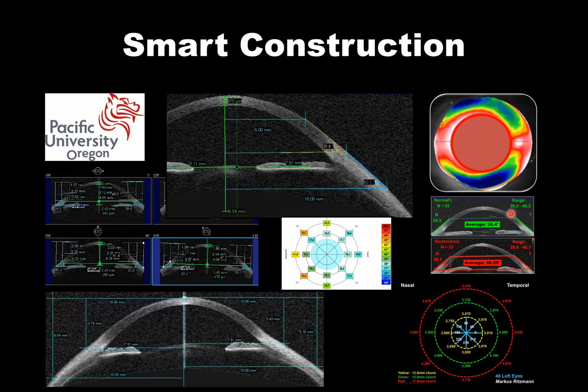Now, the construction of the lens was based on volumes of research that we've done at Pacific University, and taking into account research that's been done in other corners of the planet, and that's all gone into the building of this lens to make it as forgiving as possible. So you should very often find that the initial diagnostic lens will fit without requiring a large degree of modifications.